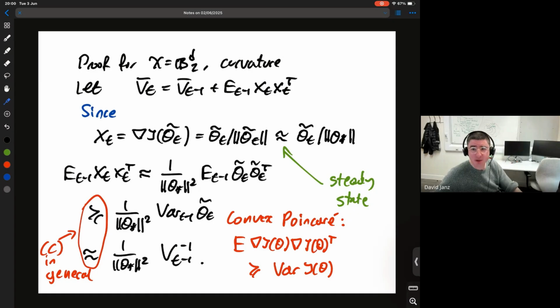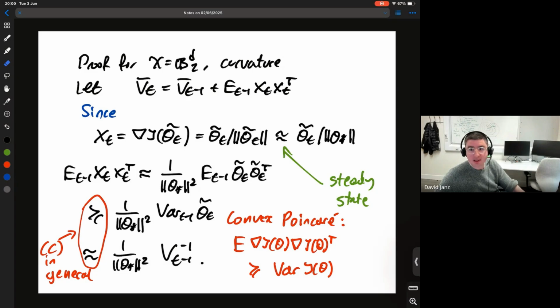And now, sure, this used the closed form expression for the unit ball, but really all we're doing is relating the expectation of the outer product of the gradient, which, for the sake of seeing it the way it's usually in the literature, the Poincare inequality gets you the expectation of the norm of the gradient of a function being lower bounded by the variance of that function up to some constant.